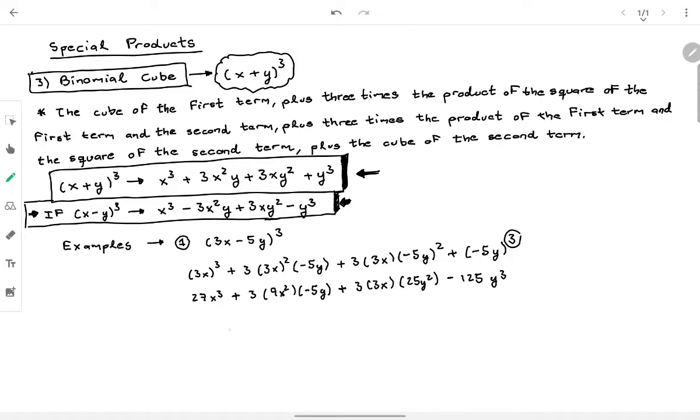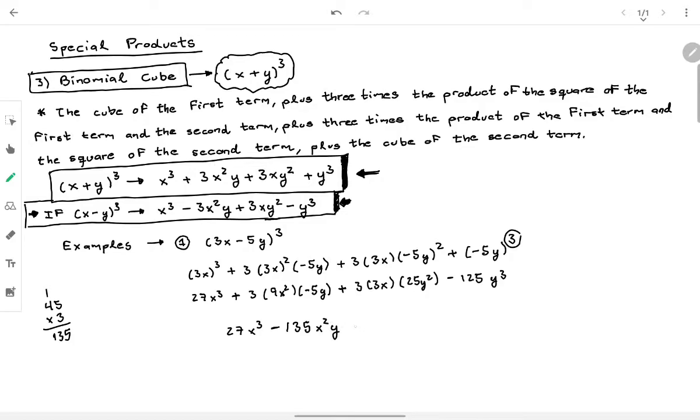So the final answer is going to be 27x cubed minus, it's going to be 9 times 5, it's 45, multiplied by 3, it will be minus 135 x squared y.